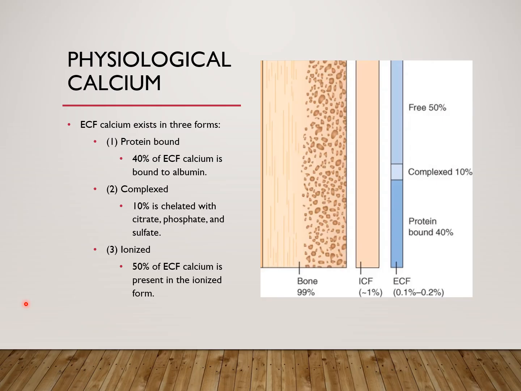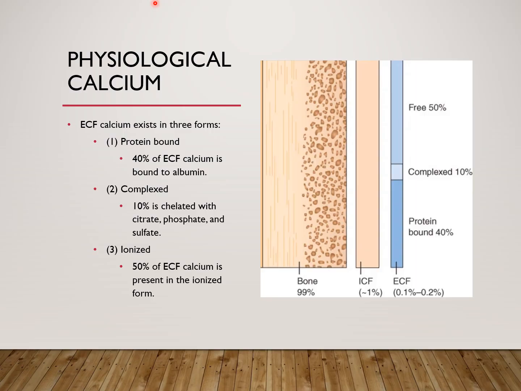And then the remaining 50% of calcium is what we call ionized calcium. That's the calcium available in the ECF in a free form. And ionized calcium is the calcium that we can actually use in the body for the different processes, like the electrical processes that rely on calcium.